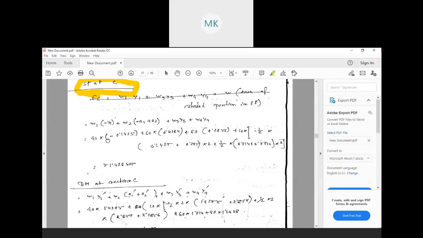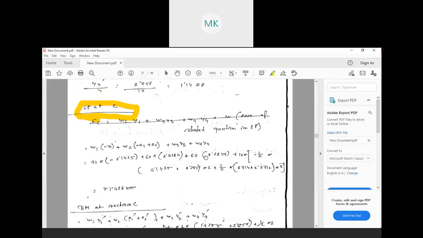As you know the formula for finding the SF, it is already given: W into Y. The simple formula is W into Y if there is a single point load. But in our case, there are 3 point loads and one UDL.